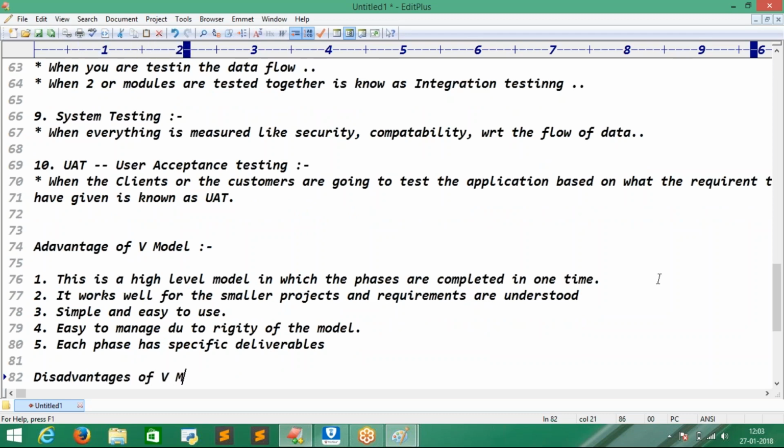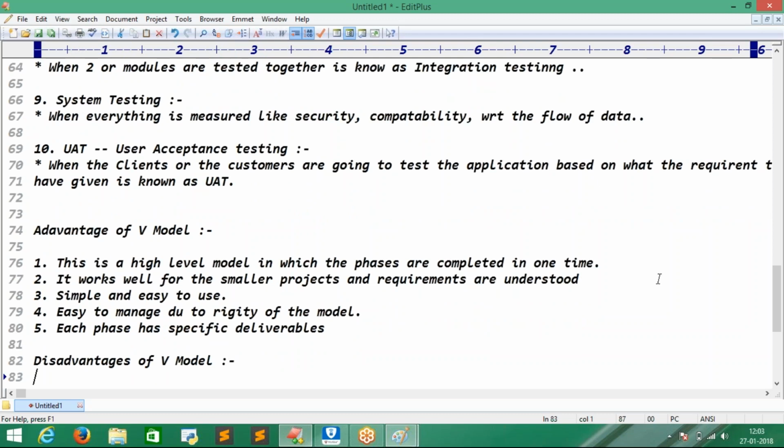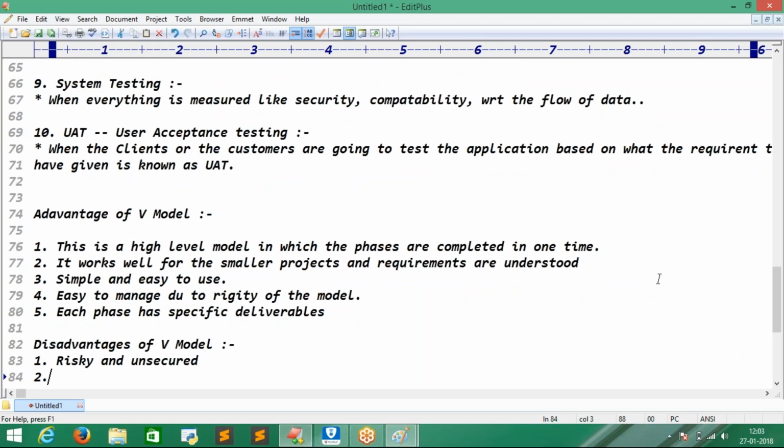Now the disadvantages of the V model. Talking about the disadvantages, it is very much risky and unsecured. Clear?